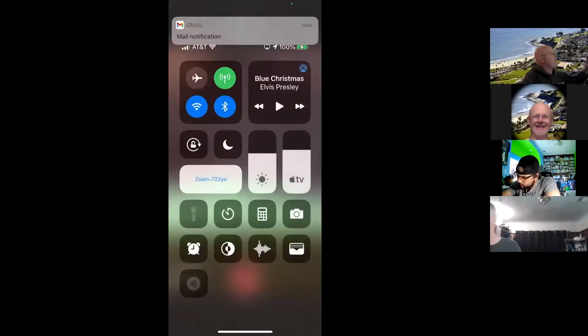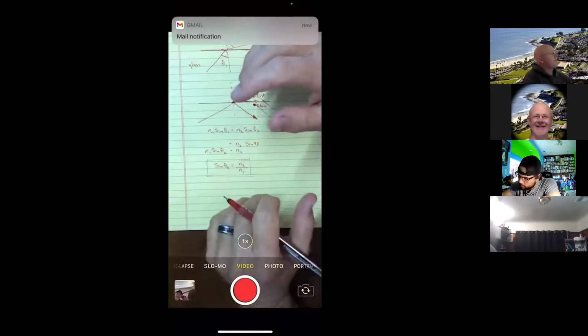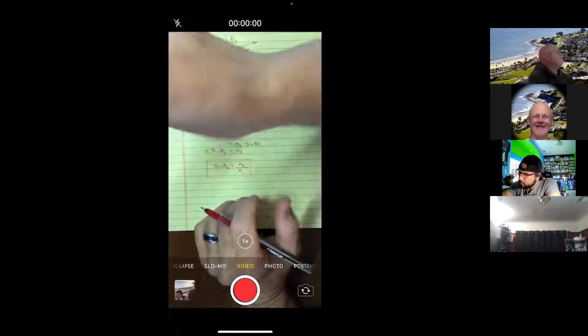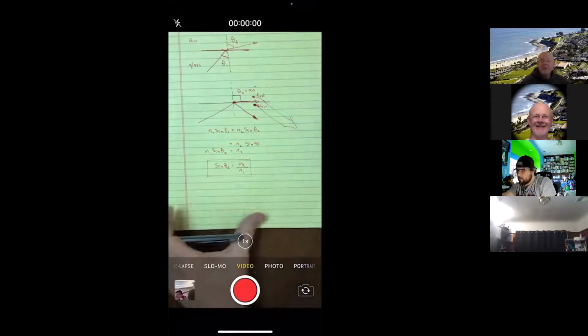Is it warm? Technology is supposed to make life easier, right? My phone, yeah. The phone doesn't feel too warm. Accidentally hitting a button. All right.